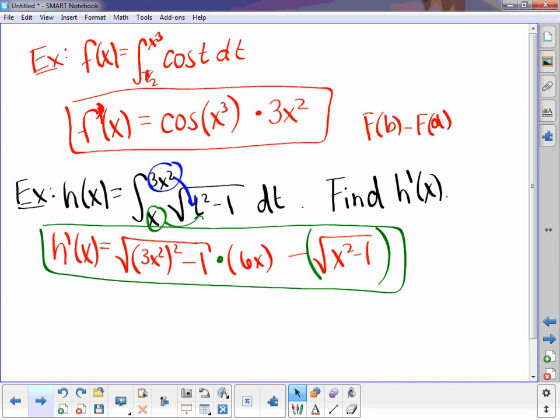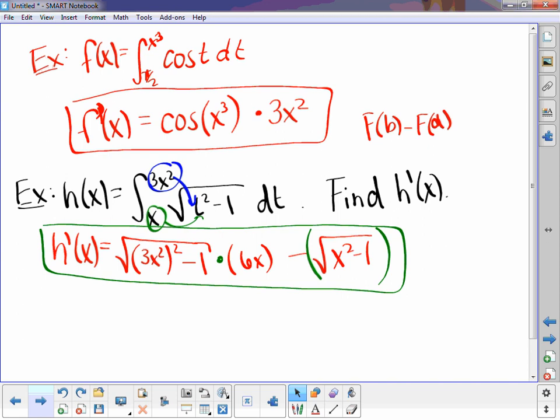My second piece is just that plugged in times the chain rule of it. Chain rule of x, though, is just 1. So it's this plugged in, chain rule, minus this plugged in. Okay? Questions on that one? Okay.